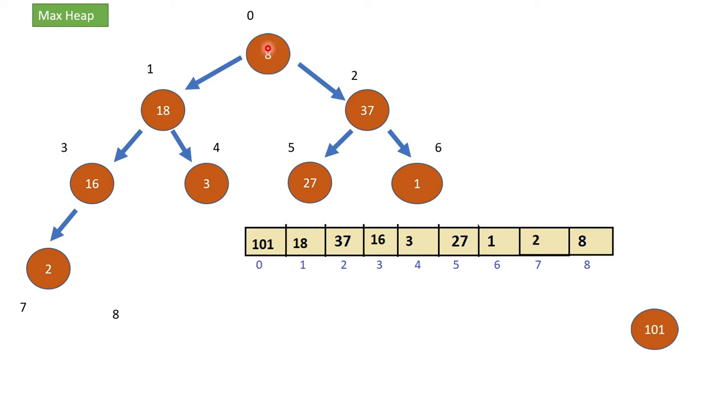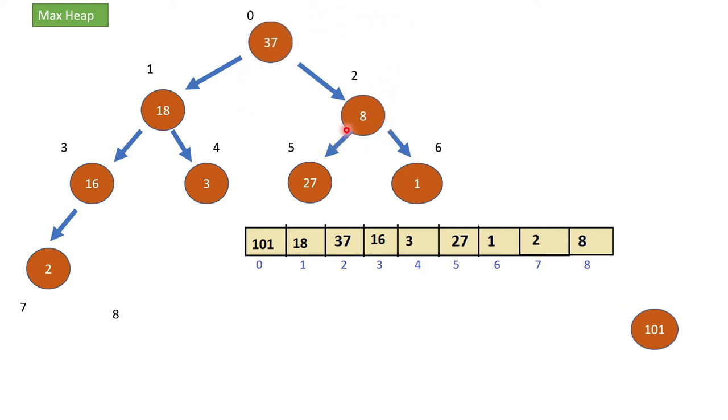Now as 8 is present here, we can see this is not a max heap. So we have to shift 8 down and place it in its proper position. Between 18 and 37, 37 is bigger than 18, so we replace 37 with 8.